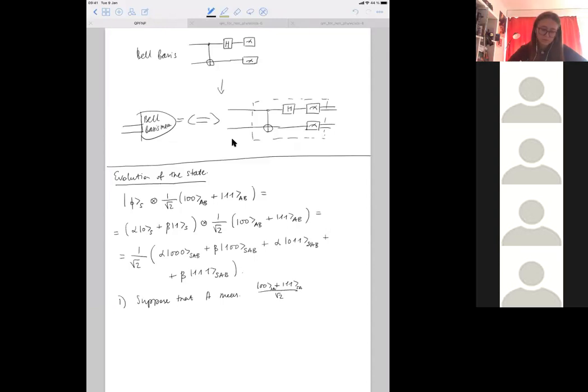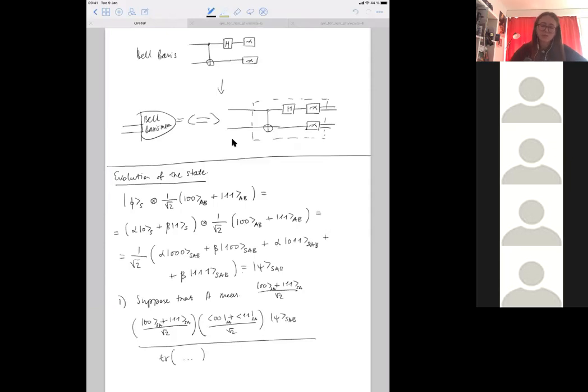The update rule would be that the projector, which corresponds to this measurement, which is 0,0 plus 1,1 over square root of 2 times 0,0 plus 1,1 over square root of 2, all on SA, acts on the state, which we'll call psi SAB, and over the trace of this thing above, so that the state we get in the end would be normalized.